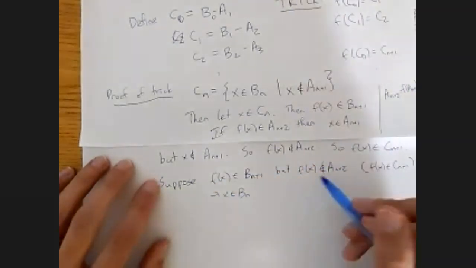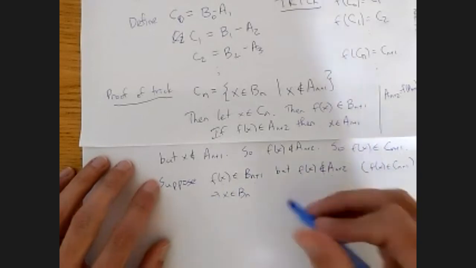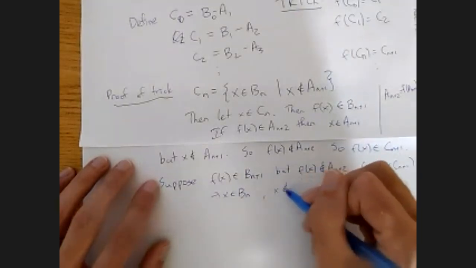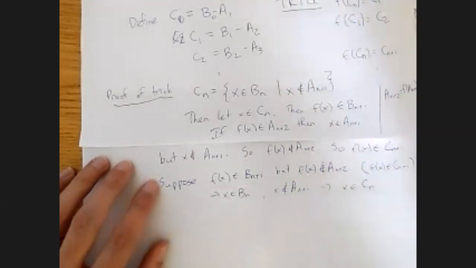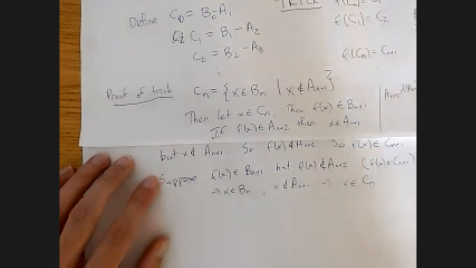And if f of x is not in A_{n+2}, that just means x is not in A_{n+1}. So that just means x is in C_n.